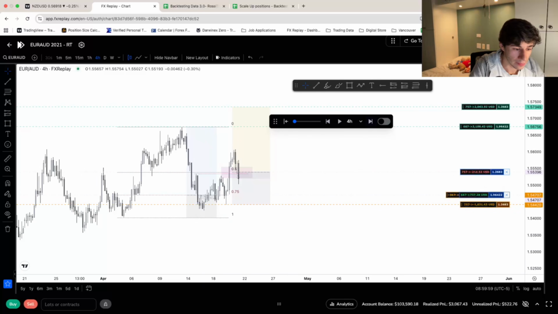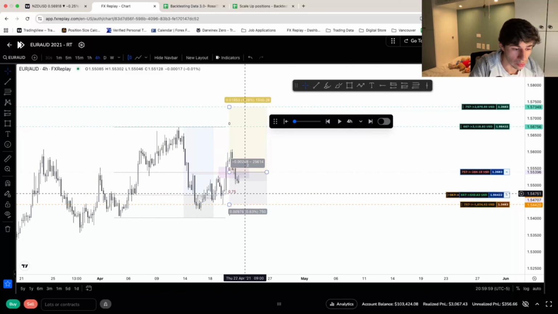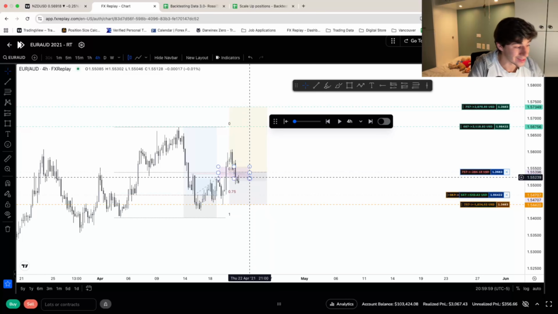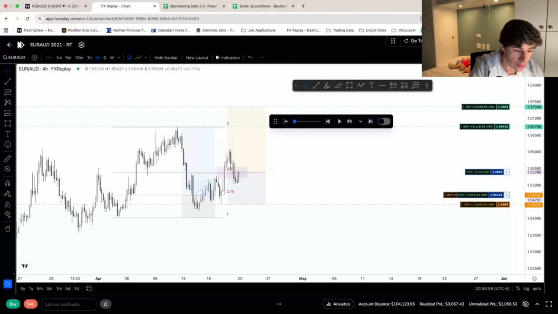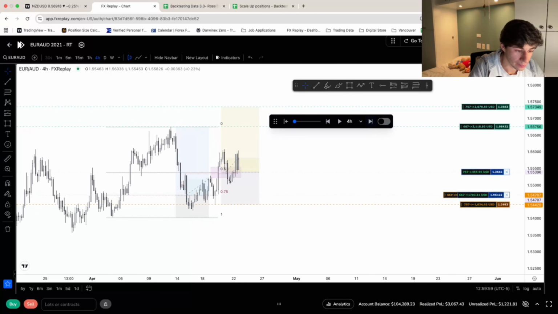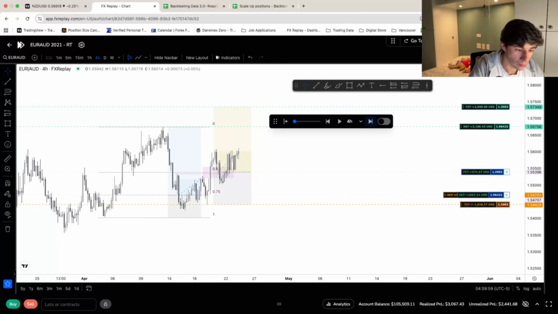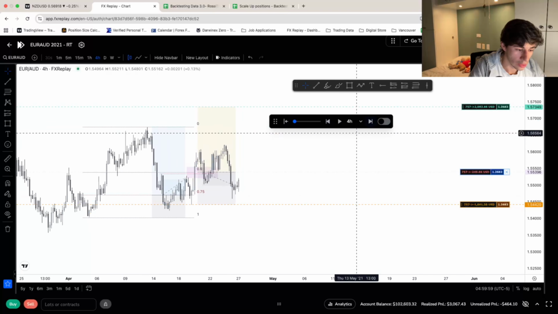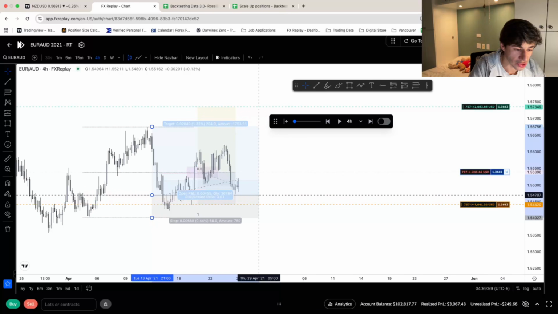So I'm tagged. And now we see, so we're risk-free in the first position. Now I'm just risking 1R in the second position. So we'll see what happens. Okay, so we're stopped out in the first position, right?